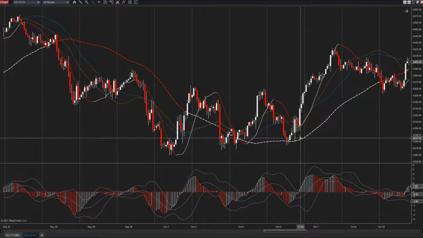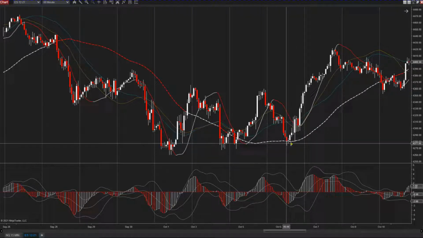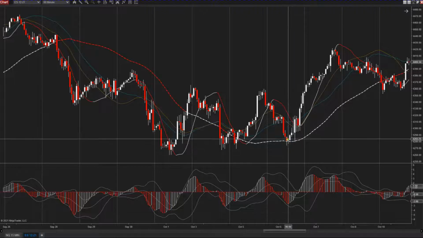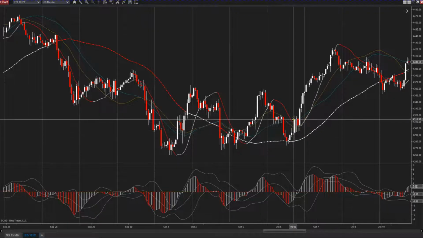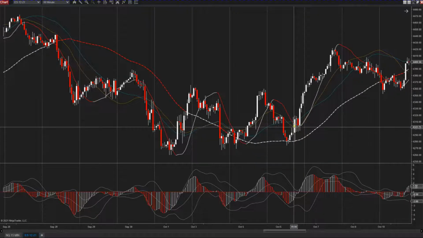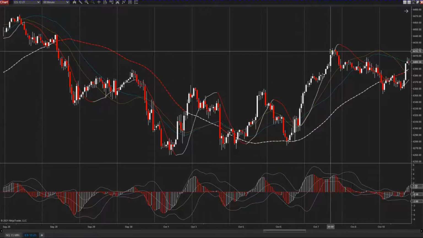This is confusing, sorry. So you're just waiting then. You could either take a stab at it at this location, or you got your confirmation right here on this bull bar breaking above everything. That's a break above all four, and it took off. Do you see what I'm saying?